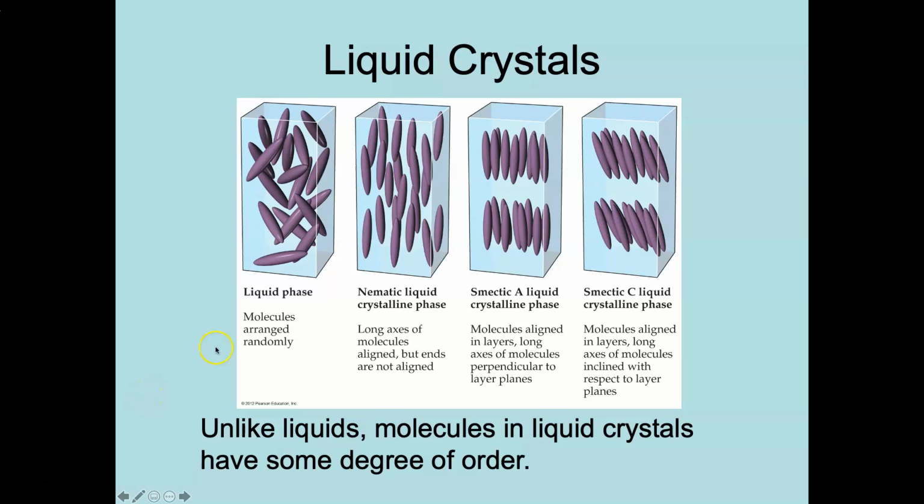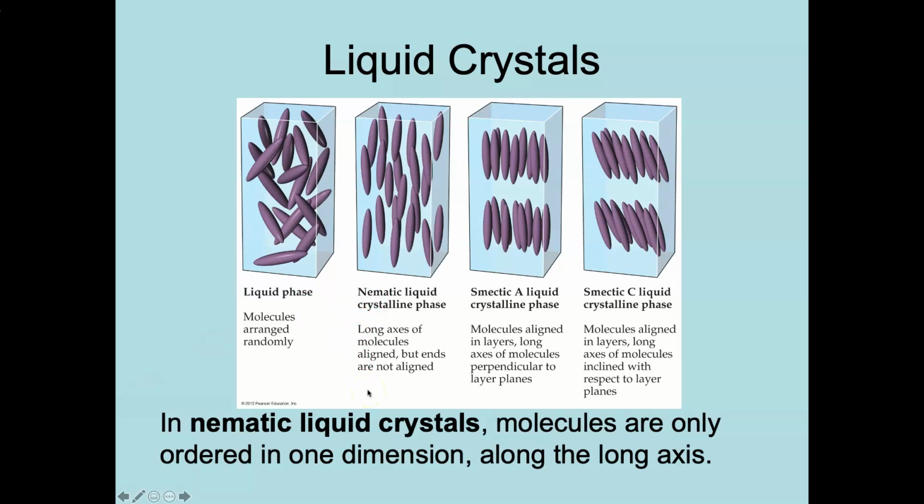And then the first type of crystalline phase that we can have are nematic liquid crystals, where they are ordered along axes. In our case, we would typically say y-axes, but it really depends on which direction this thing is facing. So if you're thinking like a test tube, it would be pointing up and down, and that's the nematic liquid crystalline phase.